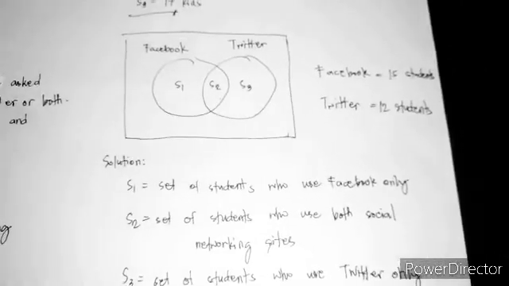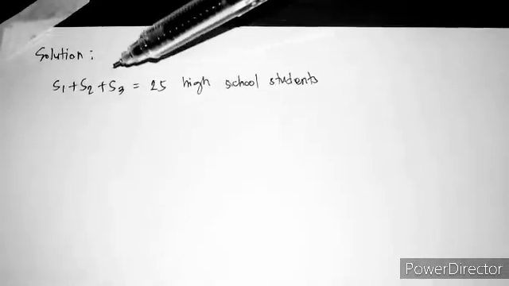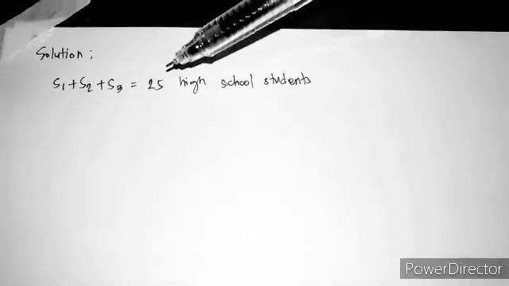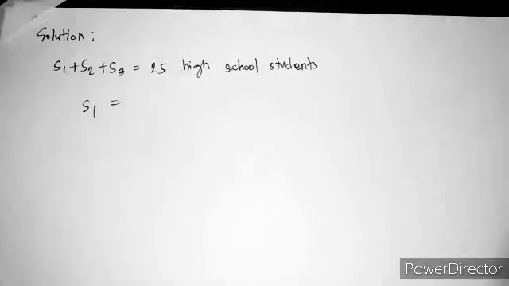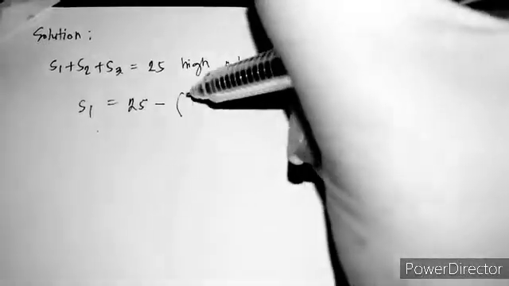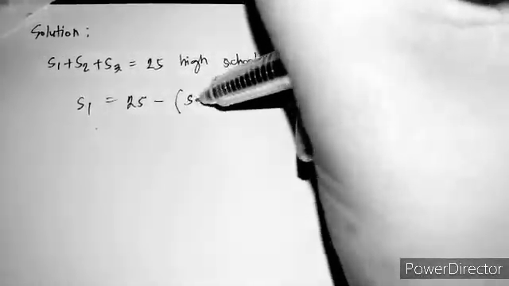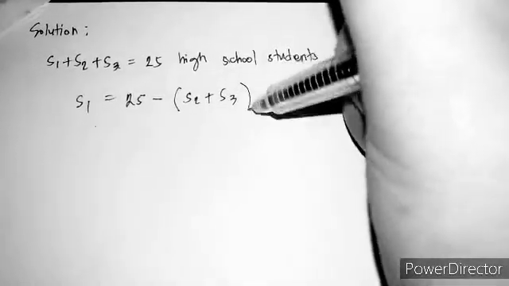Now, let's solve. S1 plus S2 plus S3, we have 25 high school students. Let's solve S1, the set of students who use Facebook only. So, S1, copy 25. Then, if we transpose the S2 and S3, it changes from positive to negative.